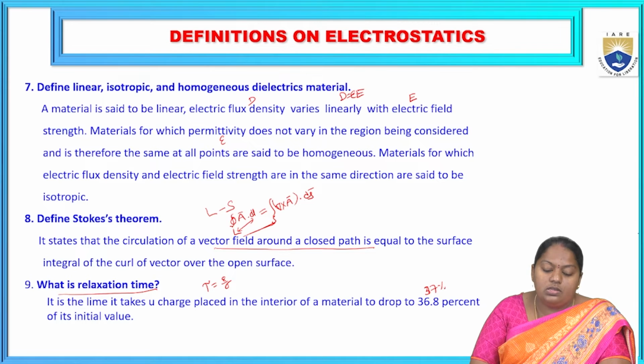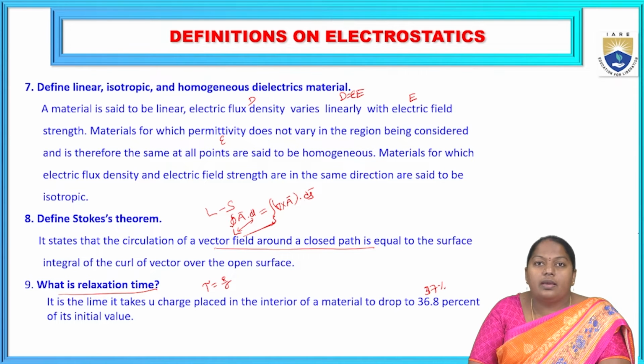Mathematically, we can express it as tau equal to epsilon by sigma.